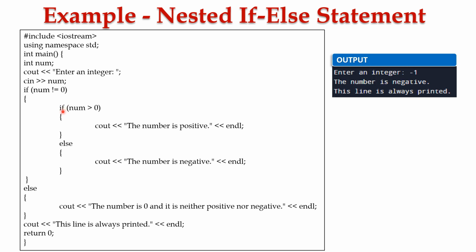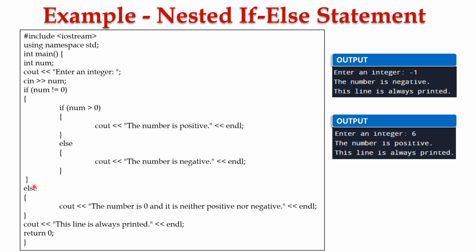If num is greater than 0, we display using cout that the number is positive. Else, we display that the number is negative. So the inner condition, condition 2, has both an if part and an else part, and it is completed here.